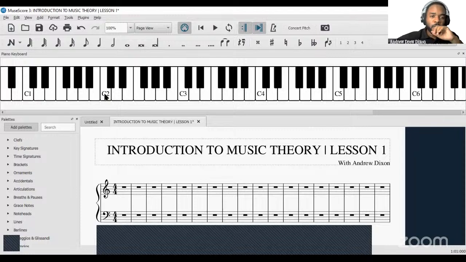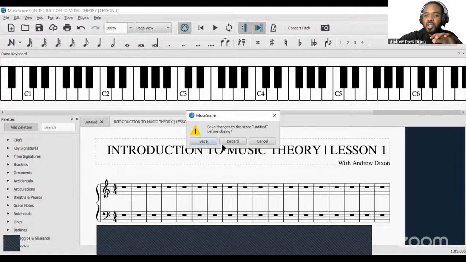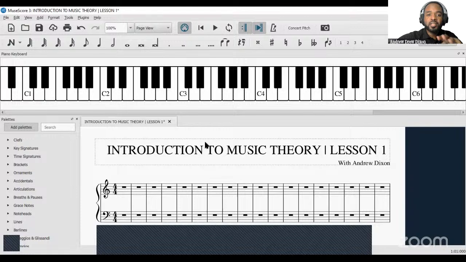Now, you would notice that there are black keys and there are white keys. The black keys have two names. They're called sharps and they're called flats. And the white keys are called naturals.